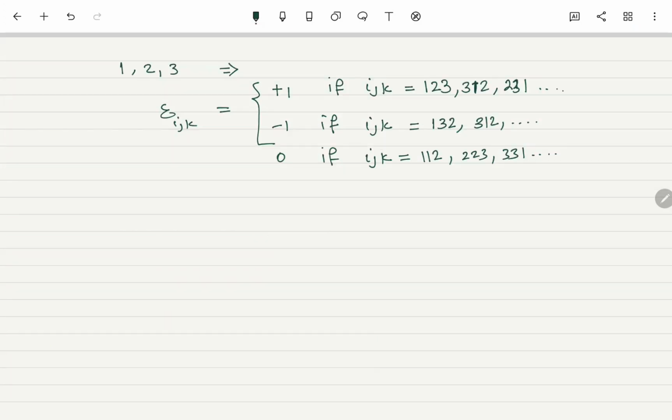A second order determinant is defined as D equal to A11, A12, A21, A22. Remember, A11 means first row, first column, A21 means second row, first column, and A22 means second row, second column.